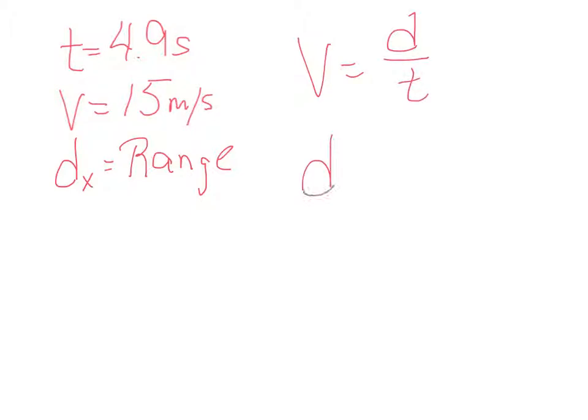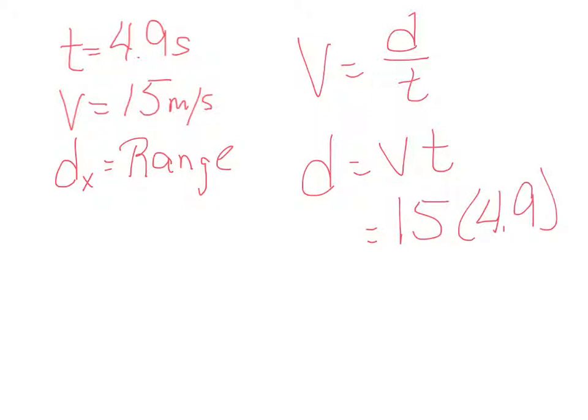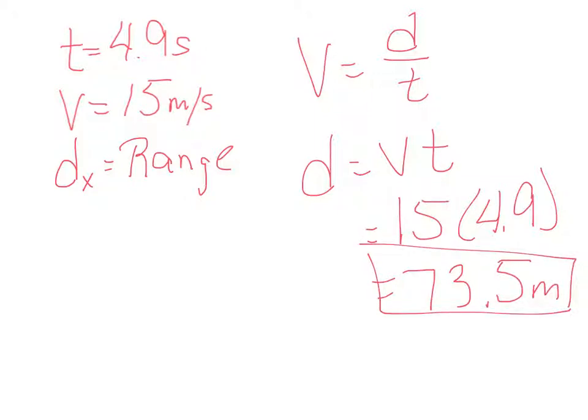So d is equal to velocity times time, which is 15 times 4.9, which is about 73.5 meters. So our range is 73.5 meters.